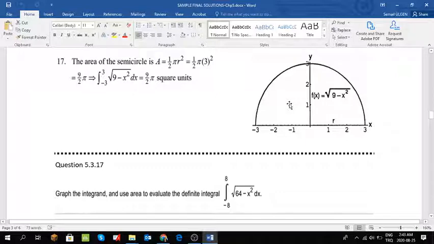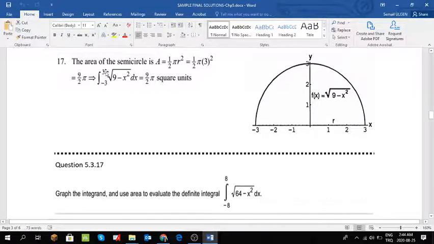Let's find the area of the whole circle and then divide by 2. Pi r squared is the area of the disk, and then take the half. You get 1 over 2 pi r squared. But what is r? r is 3, so it's 9 pi over 2 square units.